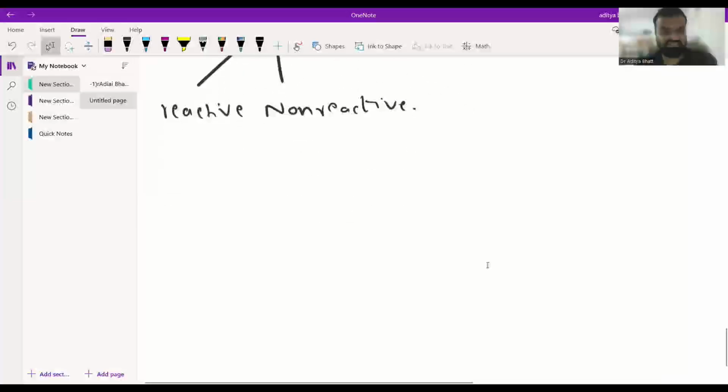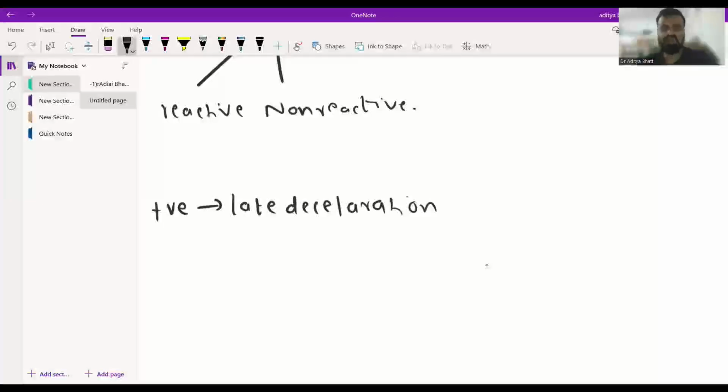A positive test means that there are late decelerations. What is late deceleration? We will be seeing the patterns of FHR ahead, but it is considered positive when you have late decelerations over one or even multiple contractions, and they can be accompanied by accelerations also.